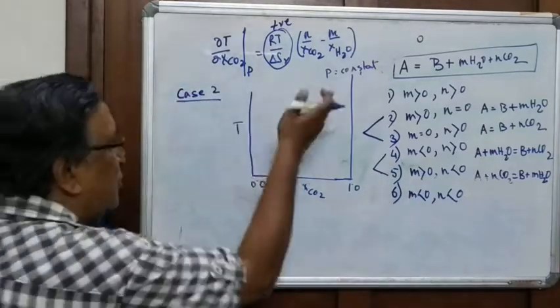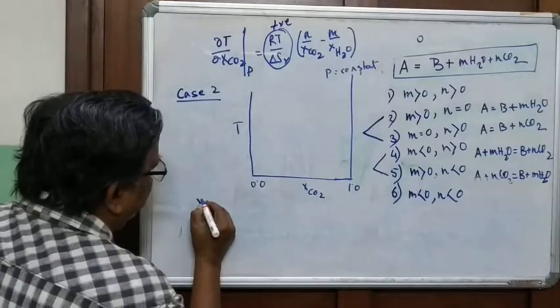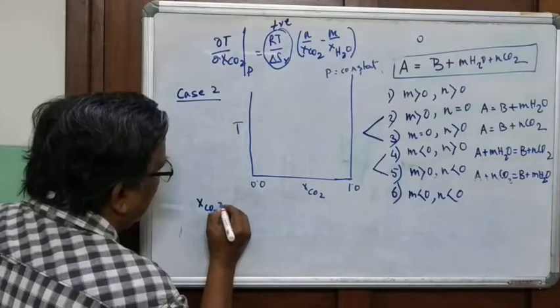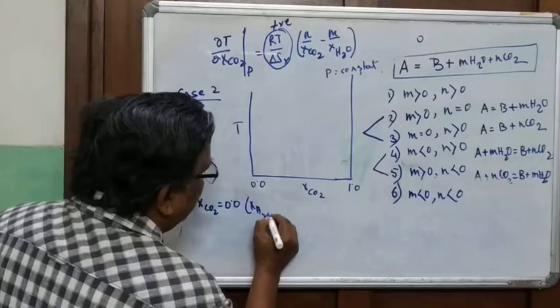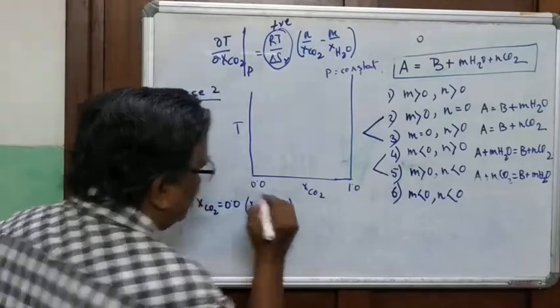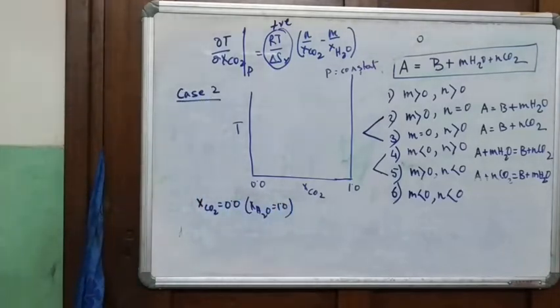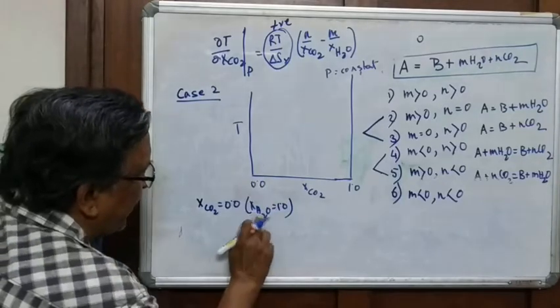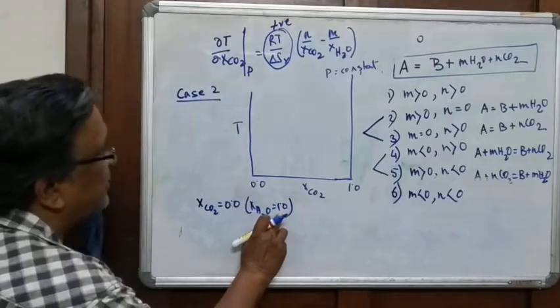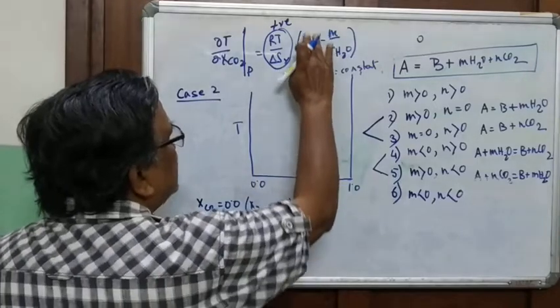So let's again do it the same way. Let's say XCO2 equal to 0, which means XH2O is equal to 1.0. Now if XCO2 is 0.0, we are at this end. M by XH2O is equal to 1.0. Remember, this term is no more valid.